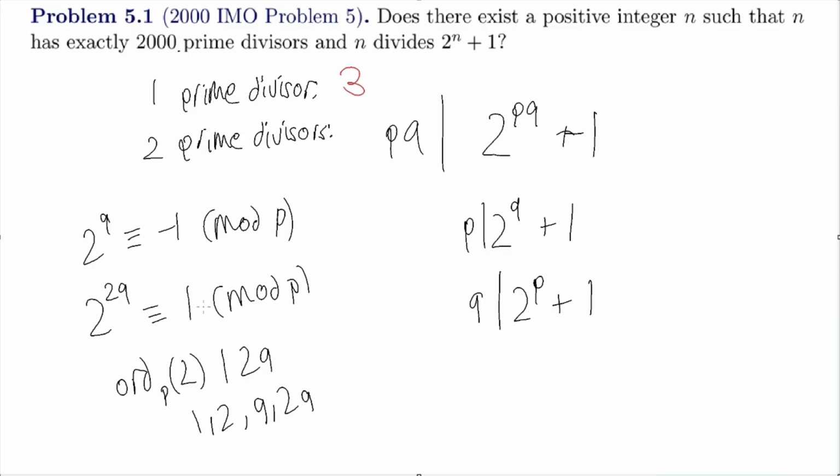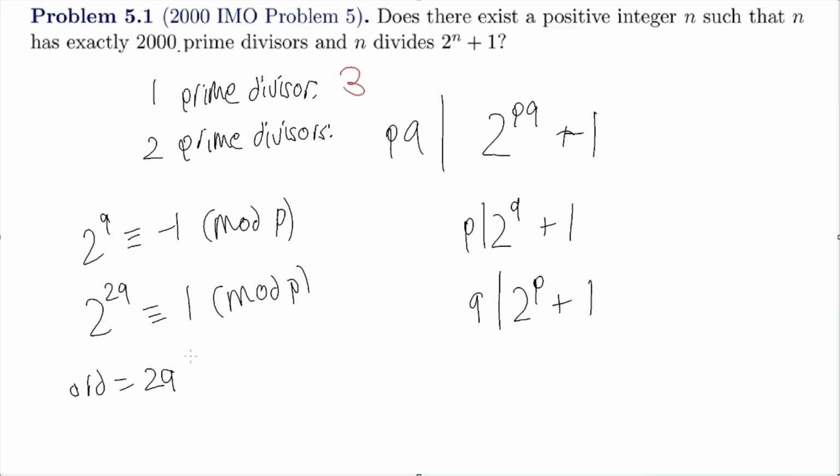That doesn't work. If it's 2, then 2 squared is equivalent to 1 mod p, or p is equal to 3. And this might end up working, but we'll have to see. So we're going to ignore this case for now. If the order is q, then that means that this is equivalent to 1, which isn't true. So therefore, the order must be equal to 2q.